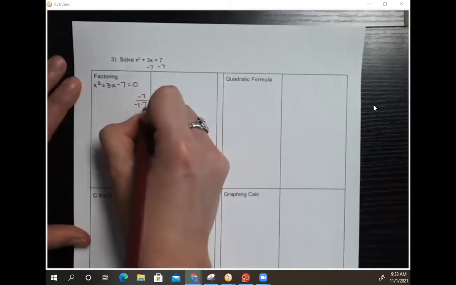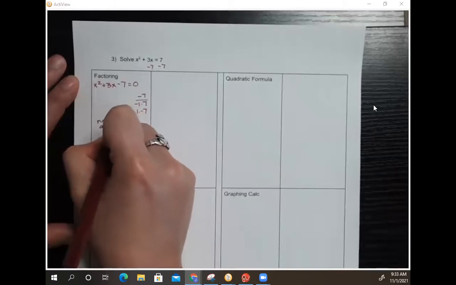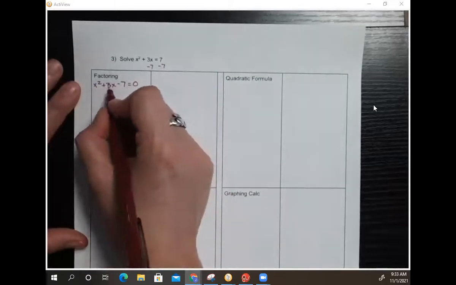Negative 7 would be negative 1 times 7, or 1 times negative 7. And it's prime, so that's it. That's all I got. Which of those is going to add to 3? None of them, right? So what does that mean for factoring for this problem? It's not going to happen. I don't have factors of c that add to b.